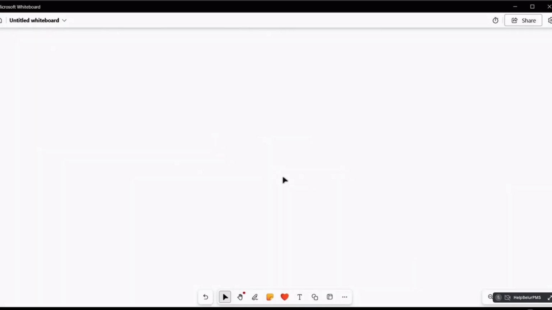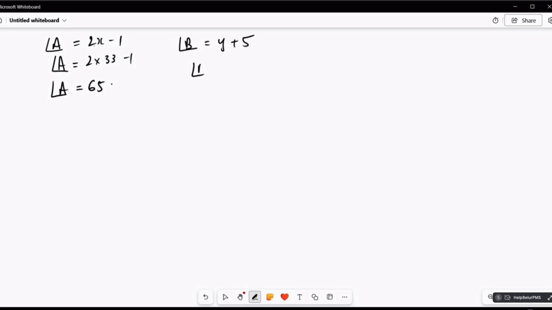Okay. So angle A is 2x minus 1. So angle A is equal to 2 into 33 minus 1. So angle A is 65. Angle B is equal to 5 plus 5, so angle B is equal to 55.